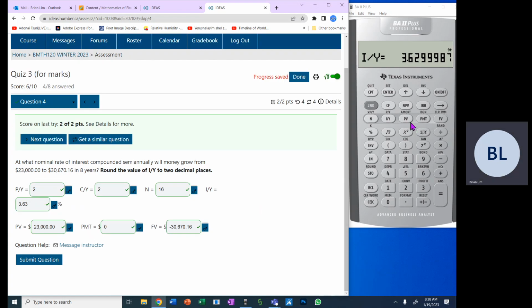So that is what you must be careful about. If you put the present value in as positive, then the future value must go in as negative. On the contrary, if we put the future value in as positive, then we will have to change the present value to negative, and it will also give us a correct result.